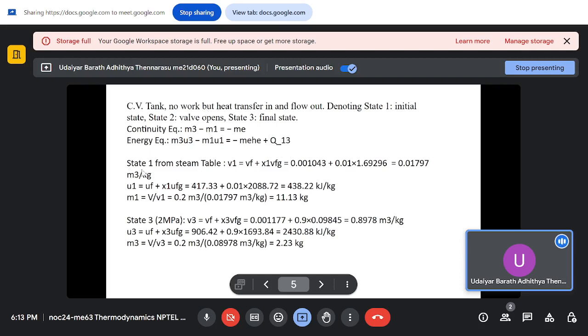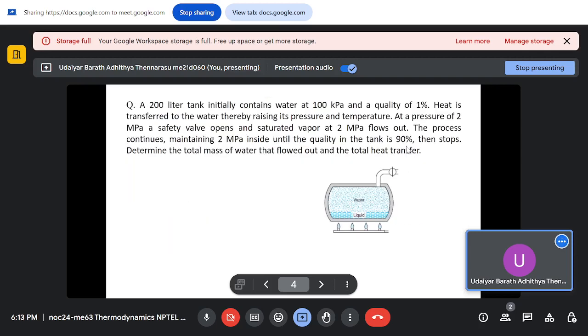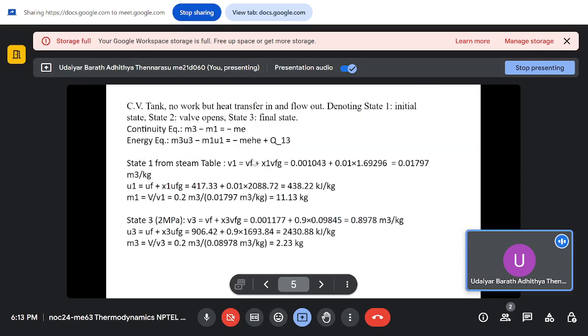So now starting at state 1, we know that it is 100 kilopascal and the quality is 1%, and this is a 200 liter tank. For 100 kilopascal, the corresponding liquid and vapor specific volumes we can get from the steam table.